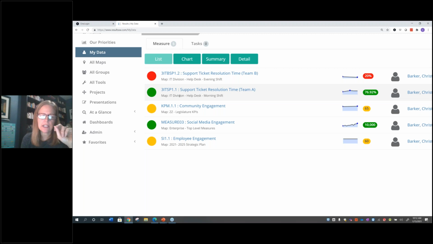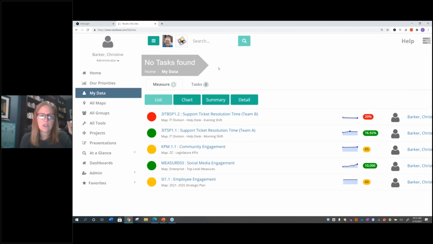So I see IT division, help desk, morning shift. IT division, help desk, evening shift. It makes it easy for me as the measure owner to make sure that I'm clicking on the right thing. I understand where this metric connects up in the organization.